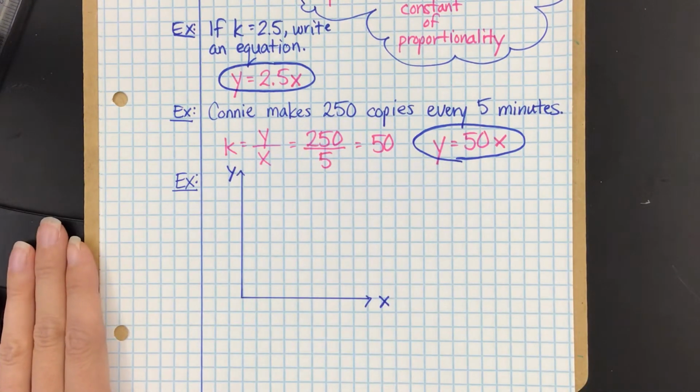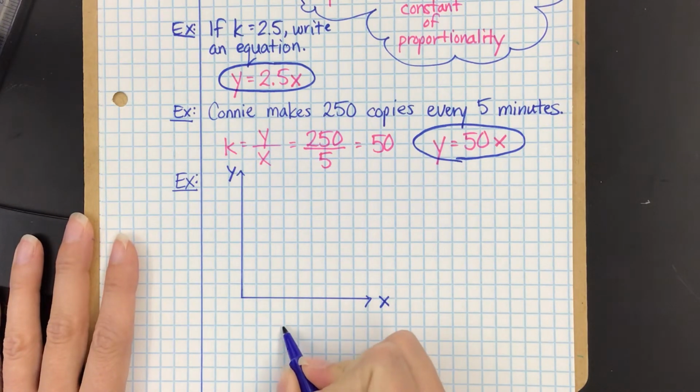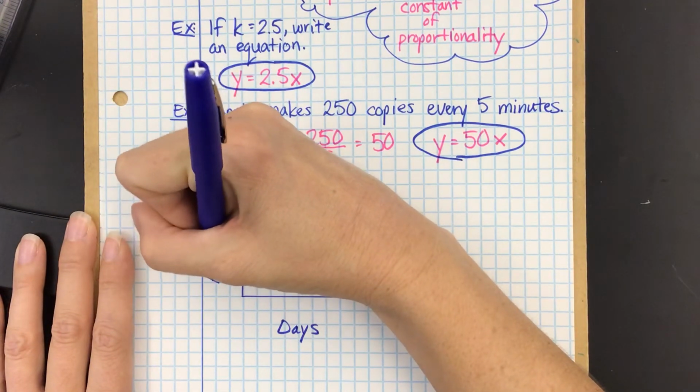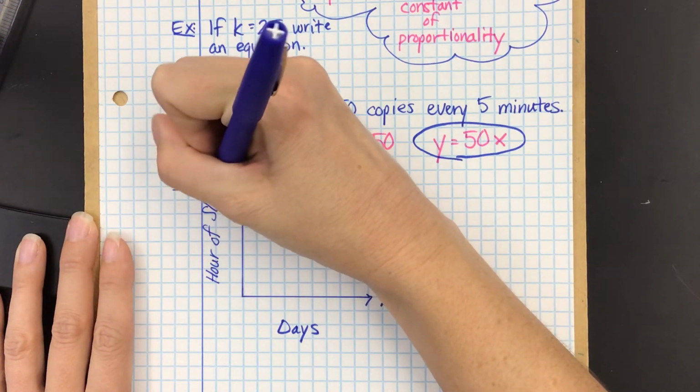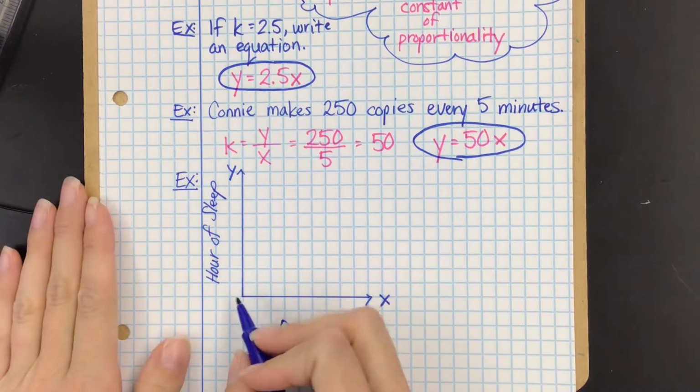Okay, so we're gonna have our days down here and the hours of sleep you're getting over here. Okay, which makes sense, right? The amount of sleep you get depends on how many days you're sleeping, okay? So let's put our scale here.